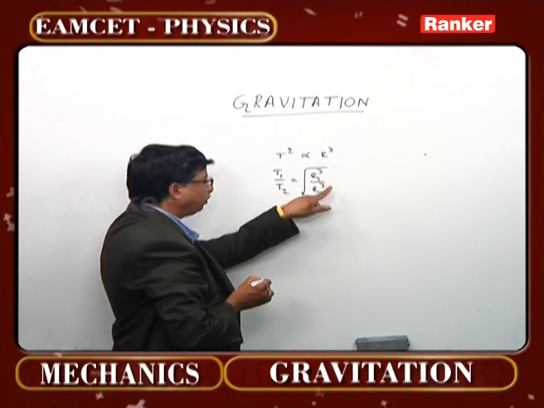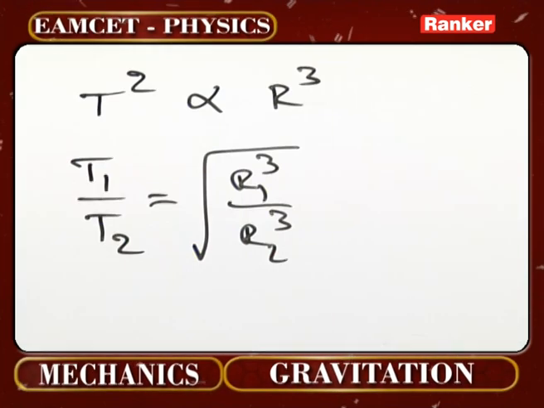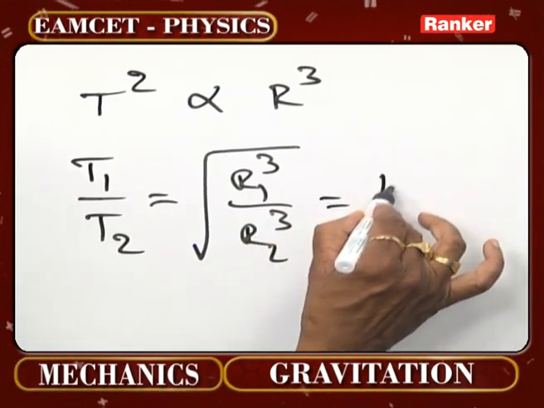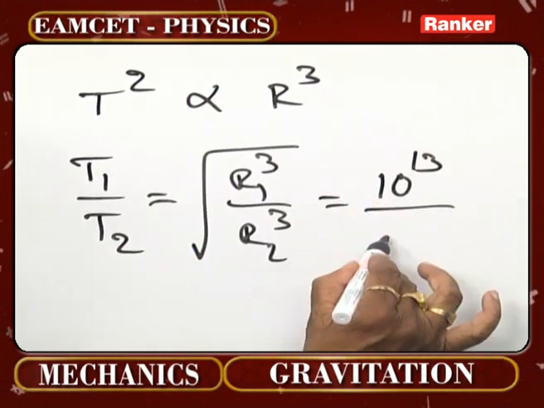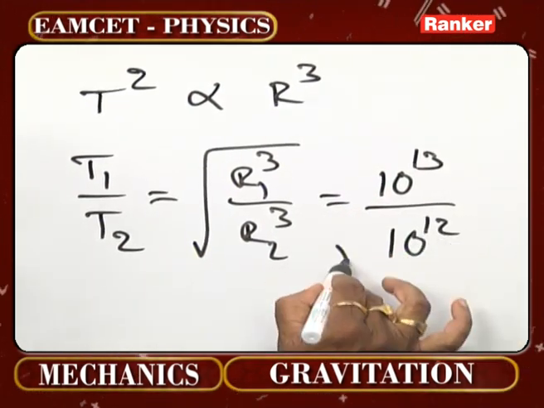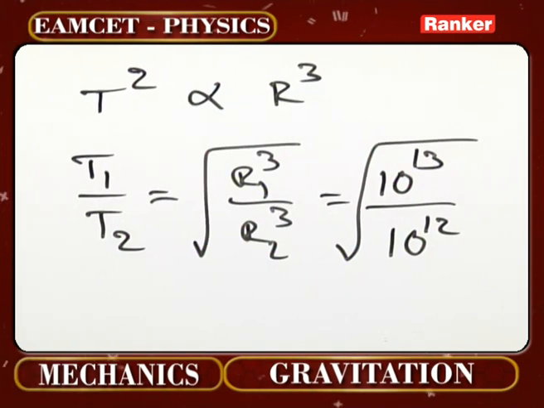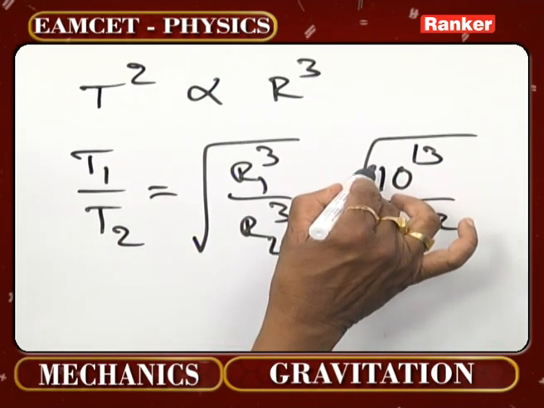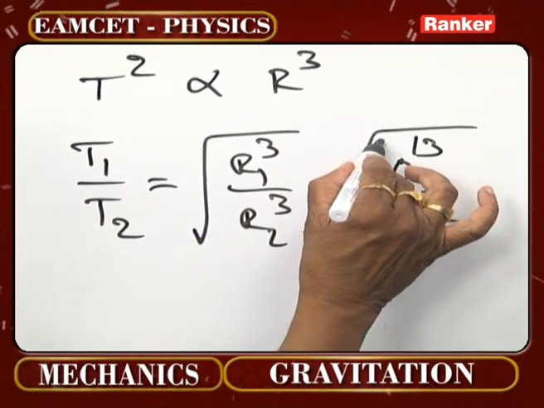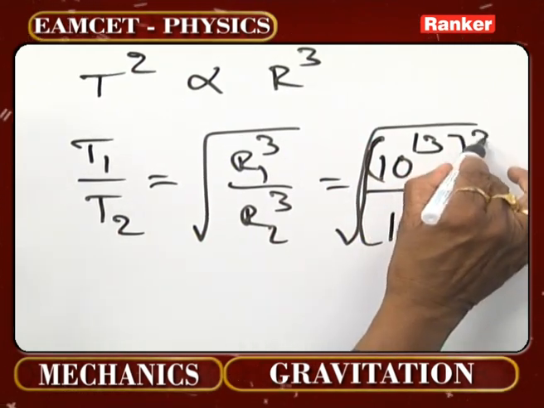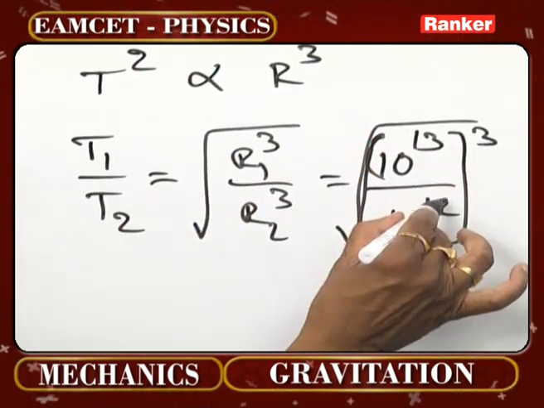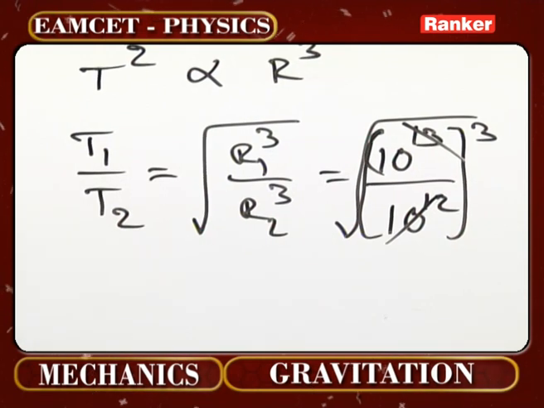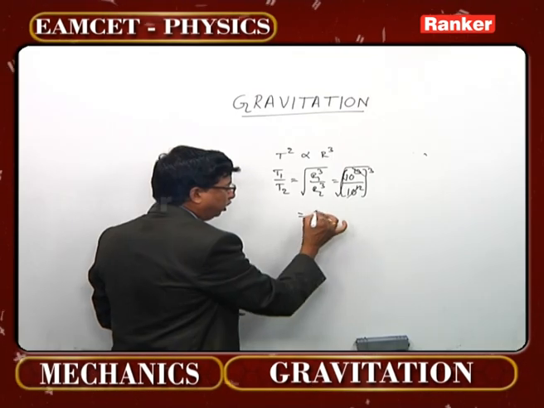If you take r1 cube by r2 cube, what are the values given for r1 and r2? 10 power 13 by 10 power 12, under root you can take up. That too, of course, 10 power 13 whole cube, I can write this way. Now 10 power 12 cancels here 10 times. So what is now left over?